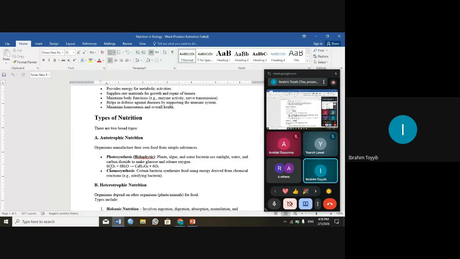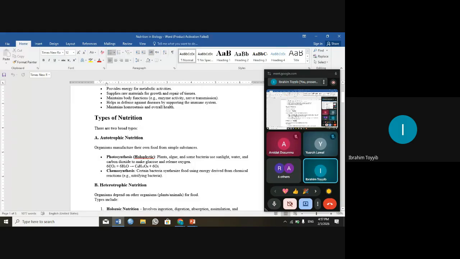So CO2, carbon dioxide, comes out from the lungs. Then plants absorb water with the aid of the roots from the soil. So the two come together and produce C6H12O6. That's the chemical formula for glucose. And oxygen is given off in this process. And this is the oxygen that human beings breathe in, in the respiration process.